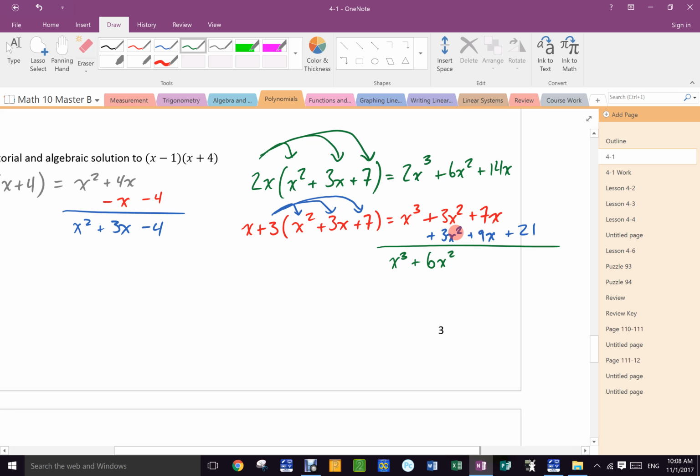Why isn't it x to the 4th? Because I'm adding, I'm not multiplying. 7 x's and 9 more x's: 16 x's, plus 21. Everybody cool?